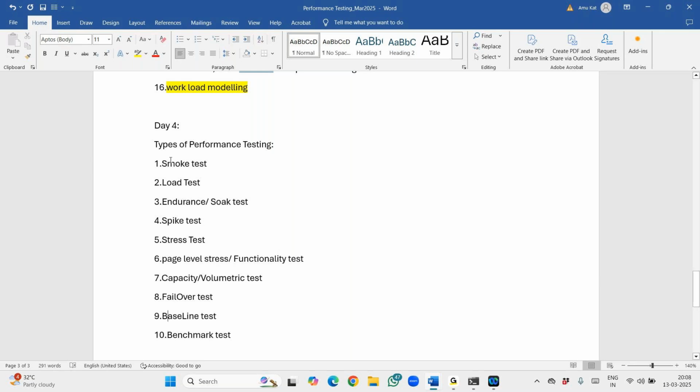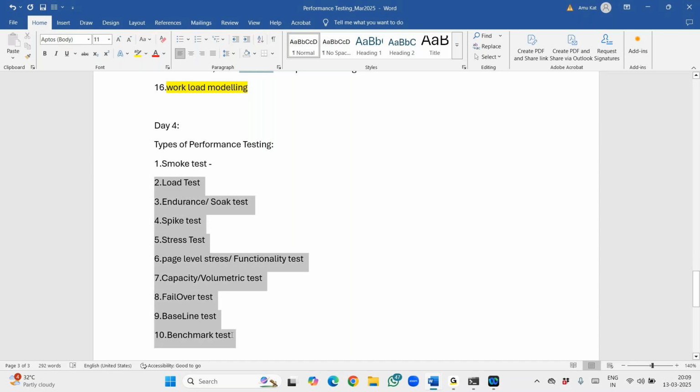No matter which type of testing you are doing, the main objective is to identify the application behavior. I'll share the detailed notes via mail. Let's go one by one. These are the main types of performance testing.